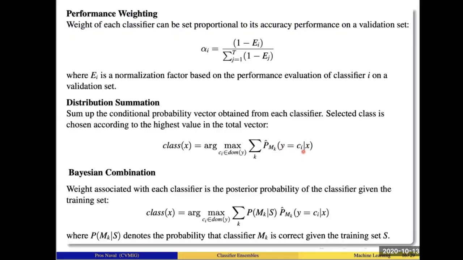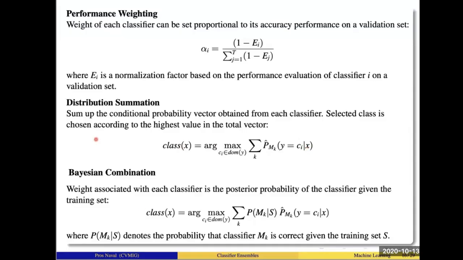Your input is x. When y is equal to class ci, what is the probability of that? What is the posterior probability of that? You sum that up, then you take the argmax. That will be the class for your input x.